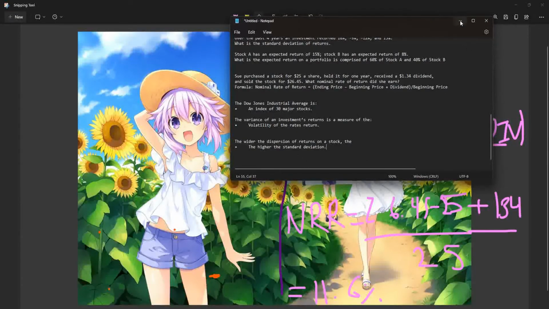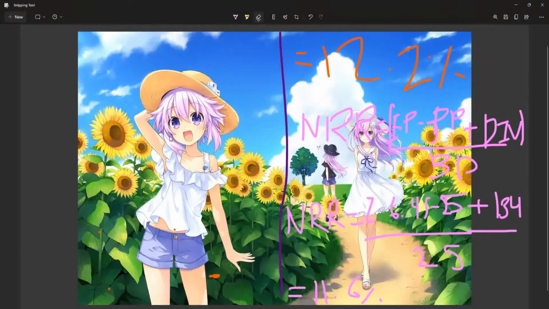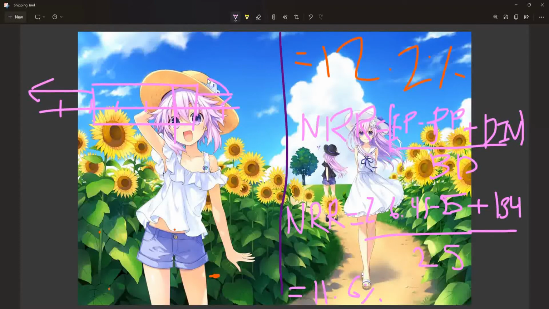Let's say this is your mean, and then this is your quarter 2, and this is quarter 1. You'll connect these, and then this will be where your whiskers end. So the wider it is, the wider your standard deviation is.